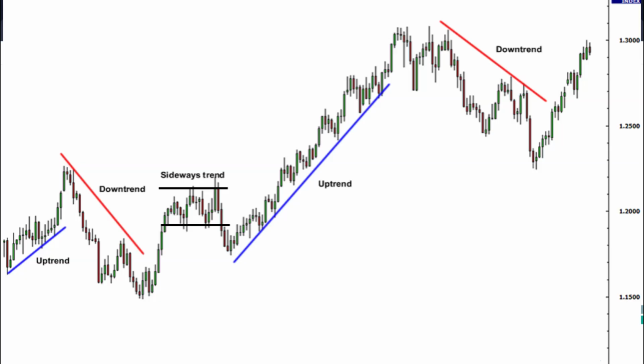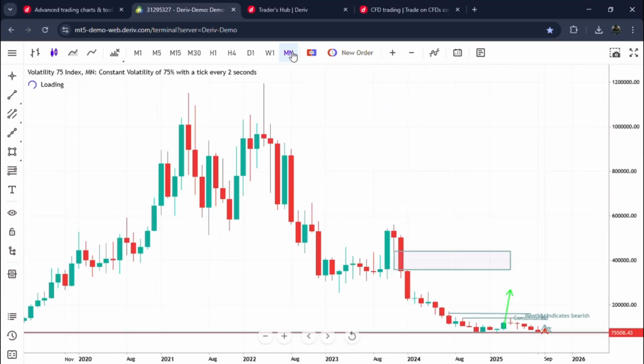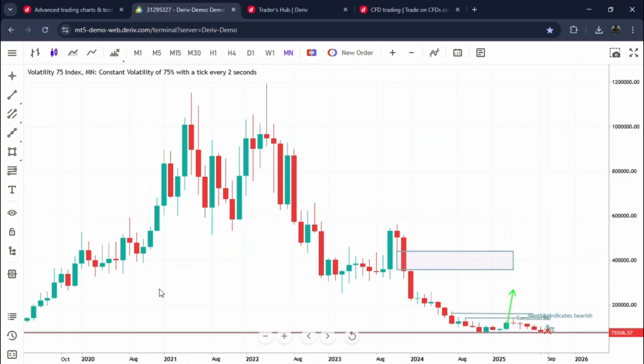So quickly under monthly, this is V75, as I said, you can clearly see the market was in a bullish trend, or what we call an uptrend, and then after some time the market was forming something like a range here, or sideways, and then after that the market clearly went on a downtrend, or what we call a bearish trend.